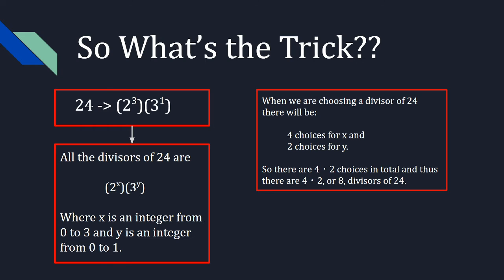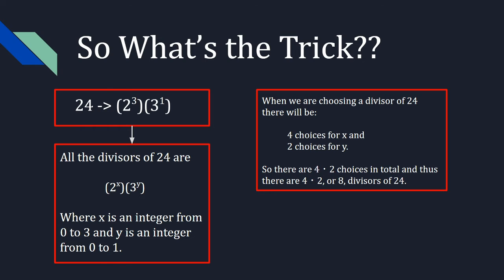As we saw, x can be 0, 1, 2, or 3, and y can be 0 or 1. So there are 4 times 2 choices in total, and thus 8 choices, which tells us there are 8 divisors of 24.